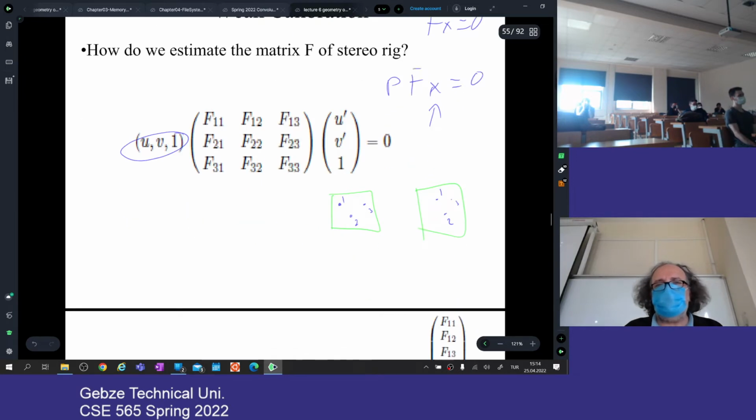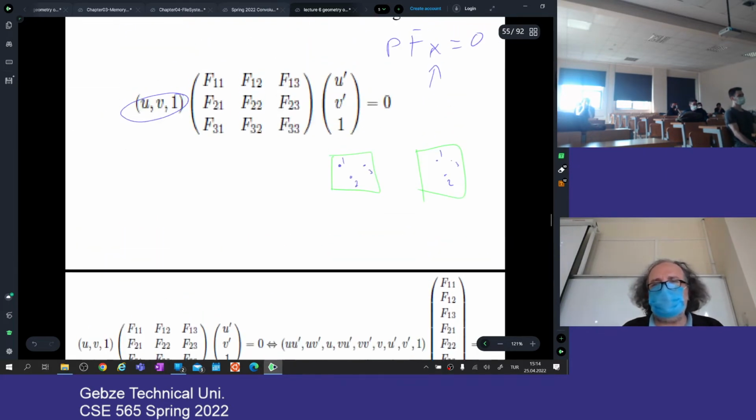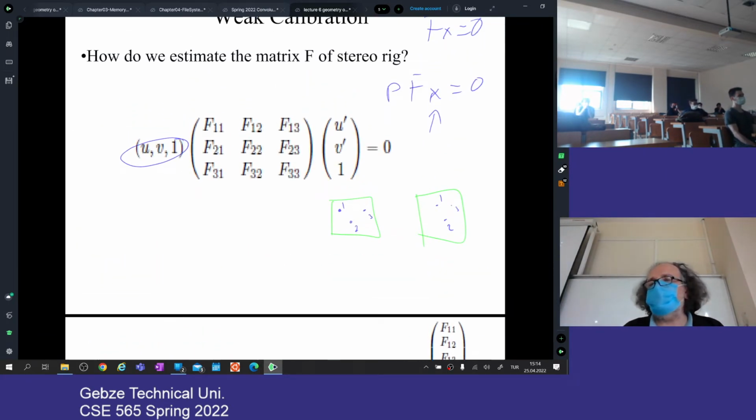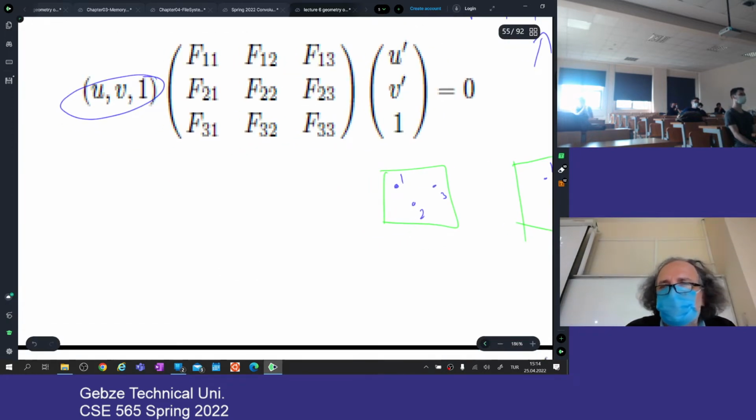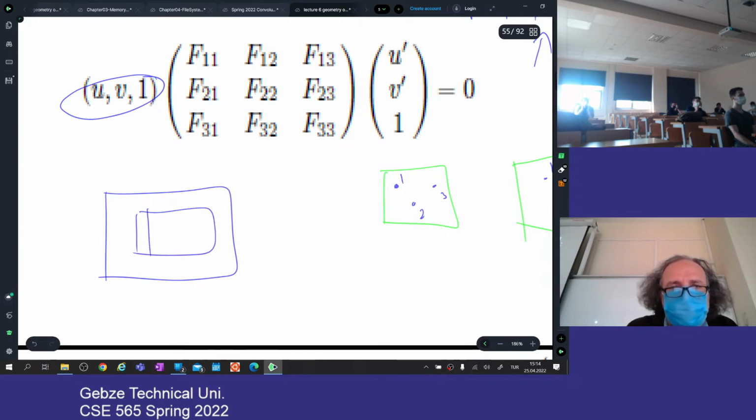It's called weak calibration. And as I said before, if you get many correspondences between left and right images, how do you get them? You take an image of a checkerboard. On your left image, this is your checkerboard.